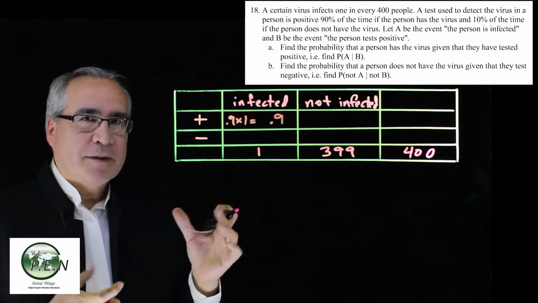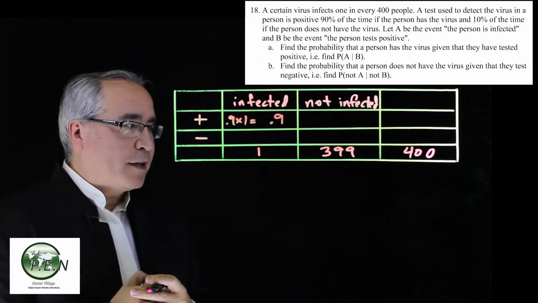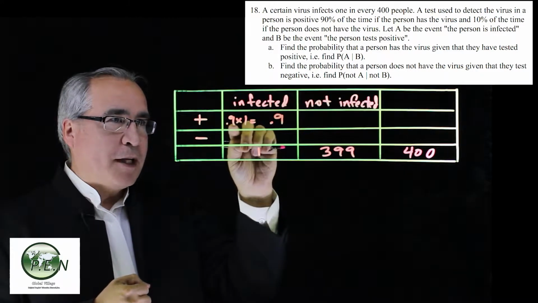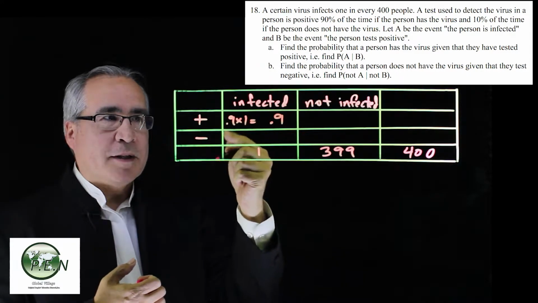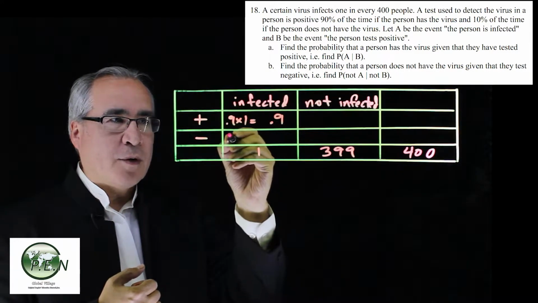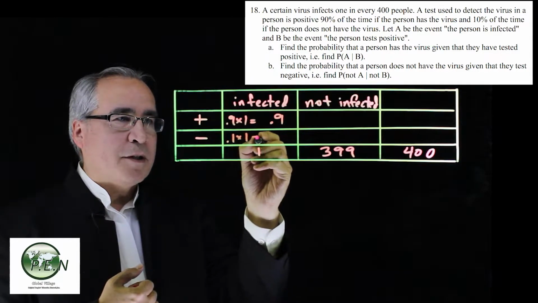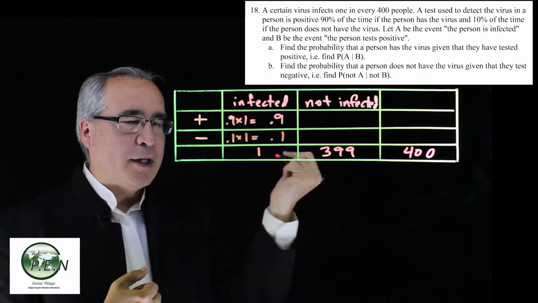But we can kind of deal with that as a percentage of some sort, but it's a way of counting. So if 90% of those who are infected test positive, how many would test as negative? Well, that's the complement to 100, so 0.9 and 0.1. So 90%, 10% times the 1 person, that gives us 0.1. 0.9 plus 0.1 is 1.